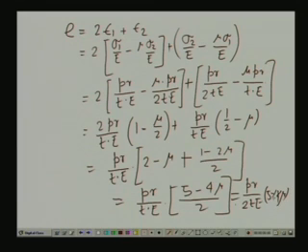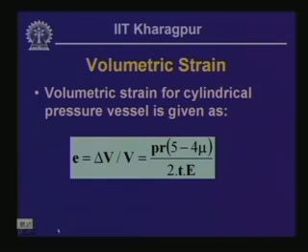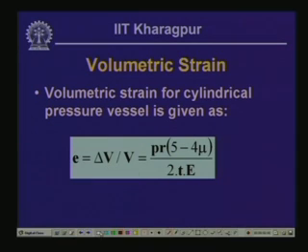And this is what we have written, that delta V by V is equal to Pr by 2T into (5 minus 4 mu). This is the volumetric strain in case of a cylindrical pressure vessel.